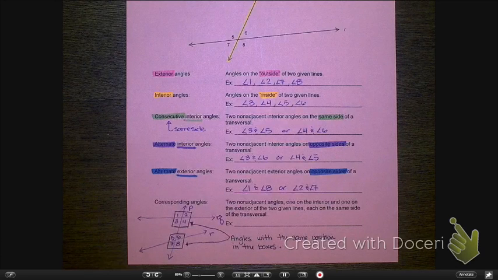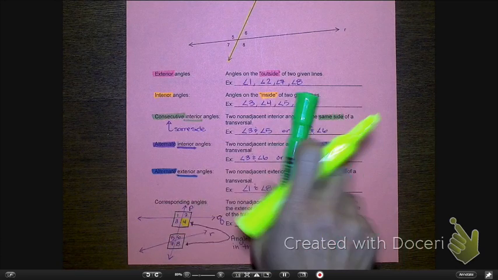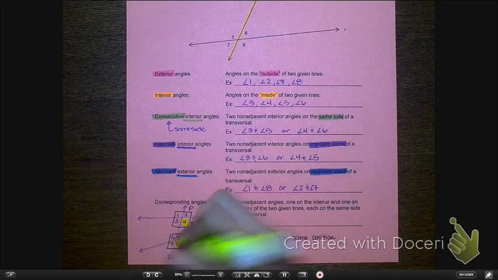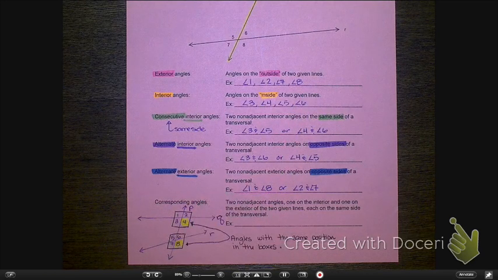If I'm looking at angle 4 and angle 8, they're both in the lower right corner of their box. Does that make sense? So they're the same positioning. Okay, so that's why they're called corresponding, same position.